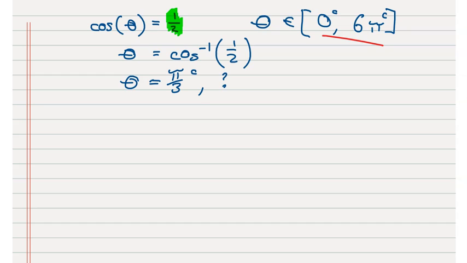But before we can do that, let's get our first two unique solutions over a range of 0 radians to 2 pi radians. And we'll ask ourselves, how many solutions do we expect to see over this range here?